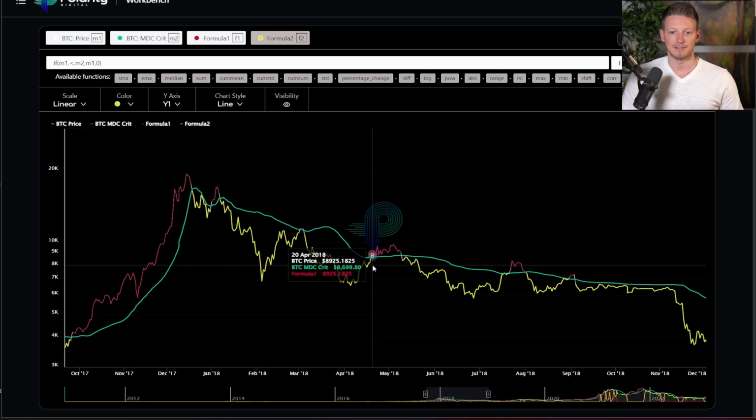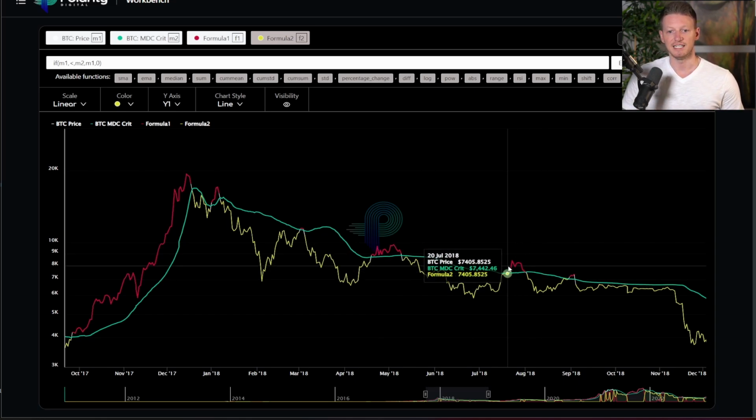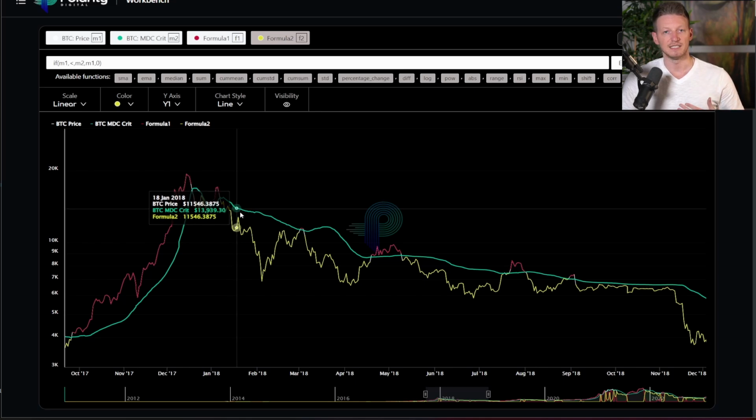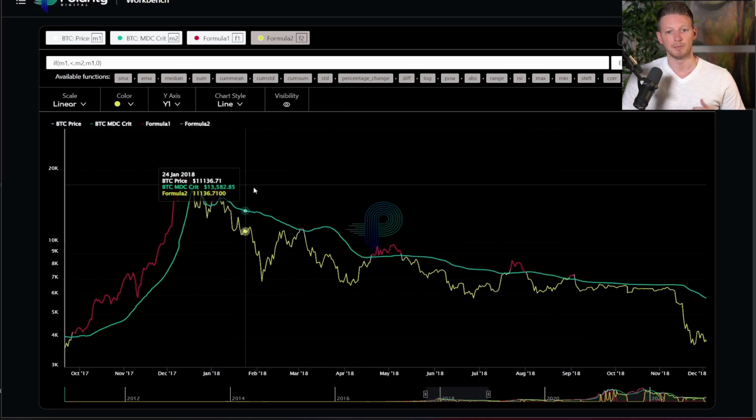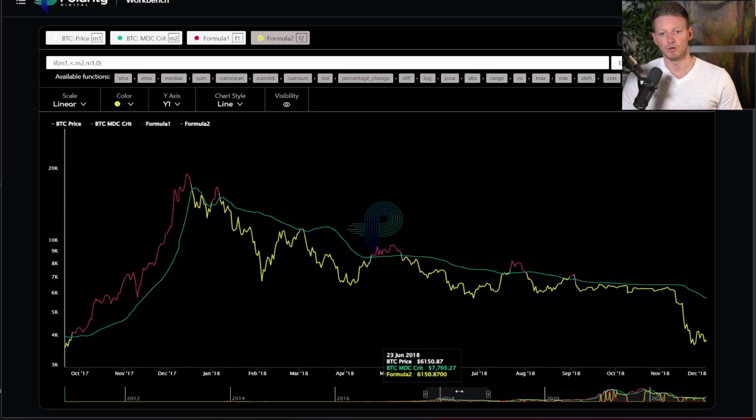I don't mean to say that this is financial advice or what you should be using, but it's getting you out of these false starts or false bull runs before they turn into a loss. And you can see that in each case, right? You may take a tiny loss, but we're talking about a few percent compared to the 50, 60, 70% type losses that people are going to take when they continue holding.